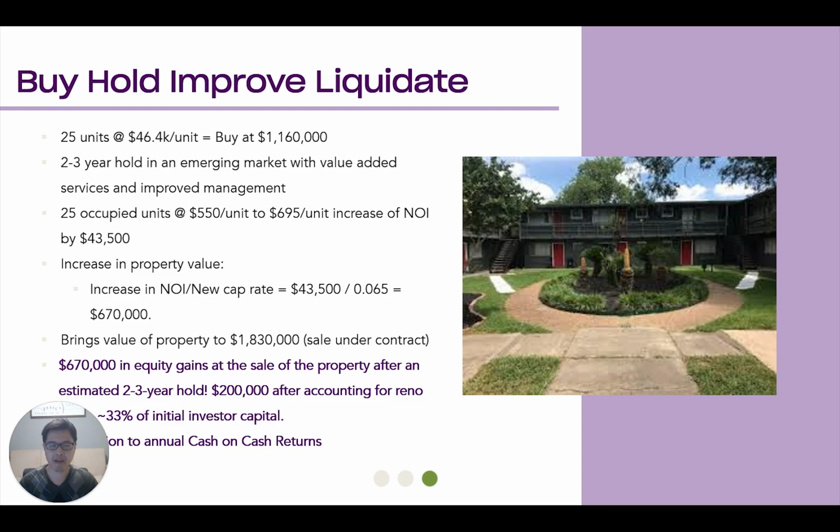The current market cap rate in the area is 6.5%, which equates to an equity creation of $670,000. As of the recording of this video, which is March 2021, our apartment is currently under contract and pending sale.